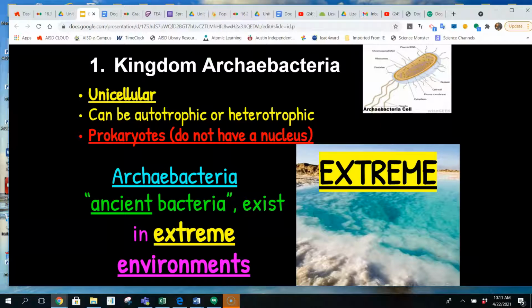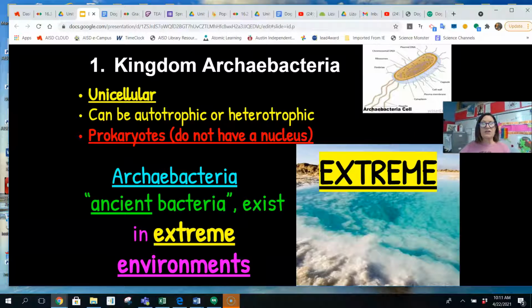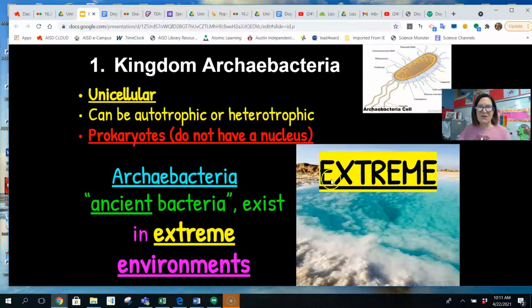So our first one is going to be kingdom Archaeobacteria. And the thing about this is it's extreme. So when we look here, this bacteria is extreme, meaning it can only exist in extreme environments, freezing cold or extremely, extremely hot, where if you put your finger in it, you would burn your finger.